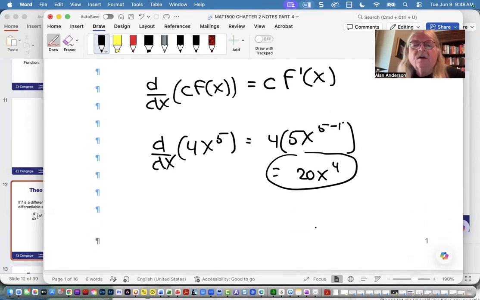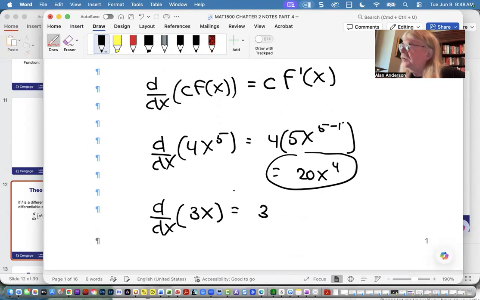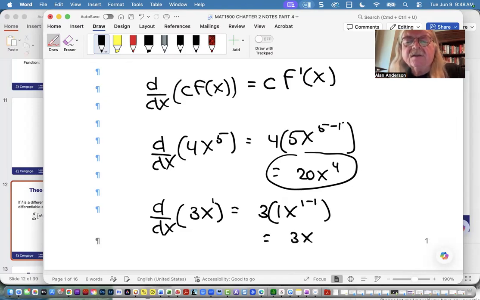So if you run across, let's say, something like 3x, you're going to have 3. And again, remember, there's an implied 1 here. So that leaves us with 3 times 1, which is just 3, x to the 0, which is just 3.